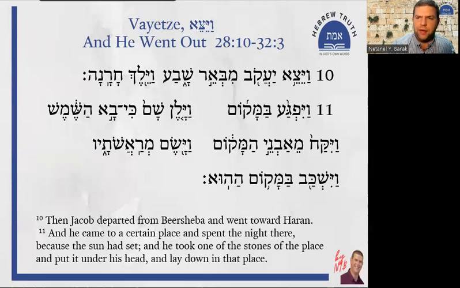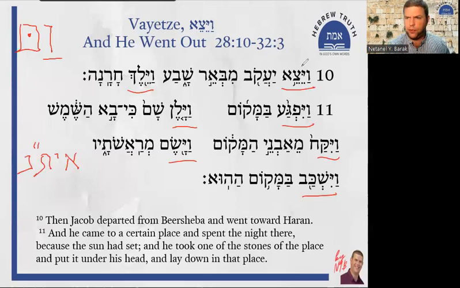When we have the yod at the beginning, and no u at the end, nothing at the end, it marks the third person masculine singular. So vayetze, and he did so and so, vayelech, and he did so and so, etc.